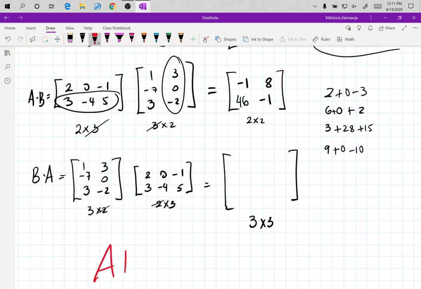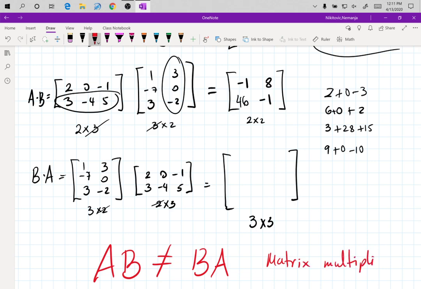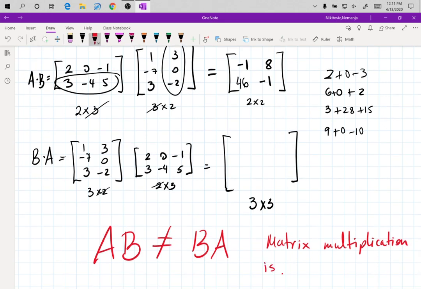So the big takeaway is this. Matrix multiplication is not commutative.